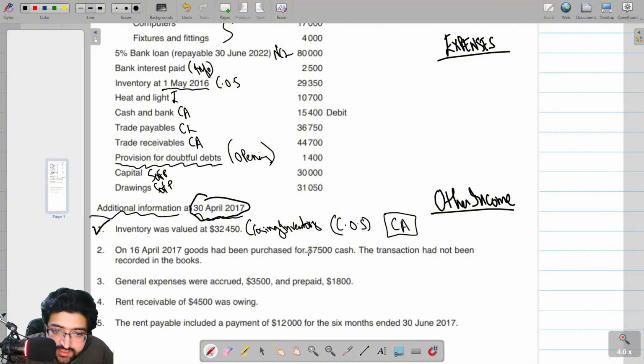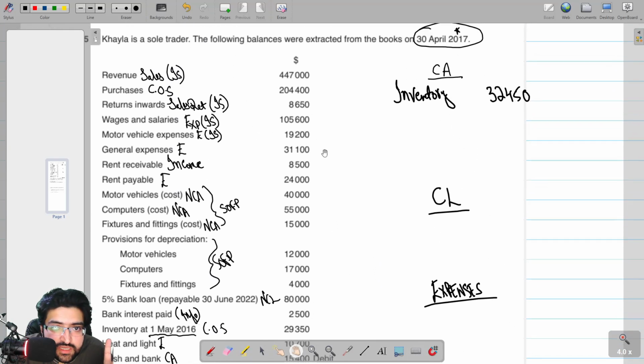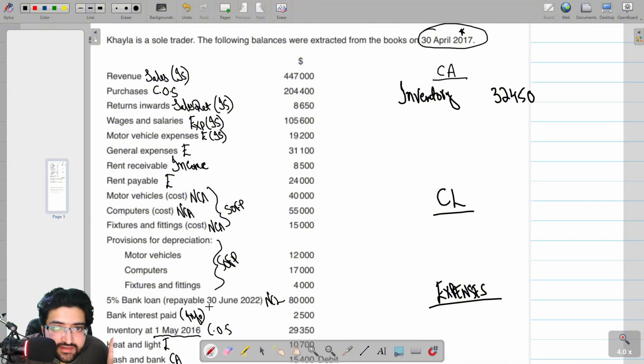We purchased goods. So 7,500 should be added to purchases, and then we paid for these purchases by cash, so 7,500 should be deducted from our cash. That's what we have to do now. We have to make the adjustment. So let's make the change. Add 7,500 to purchases first of all. Purchases are given here.